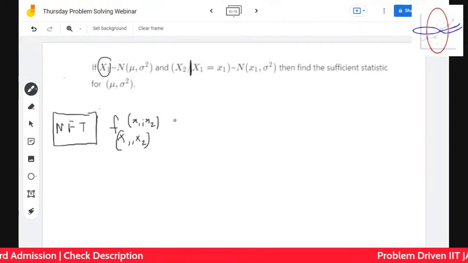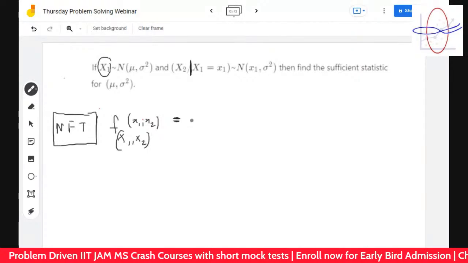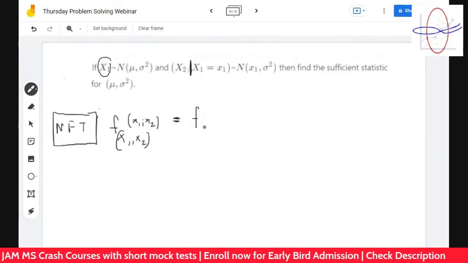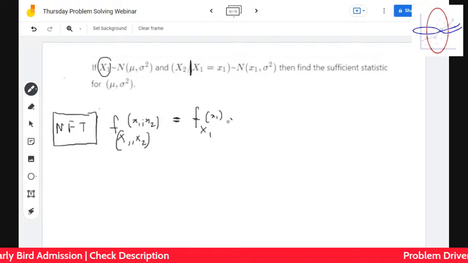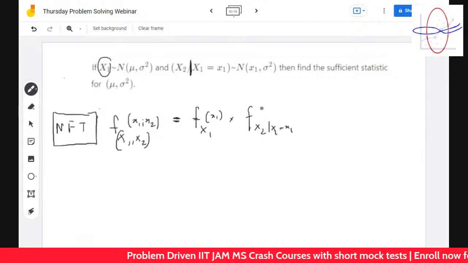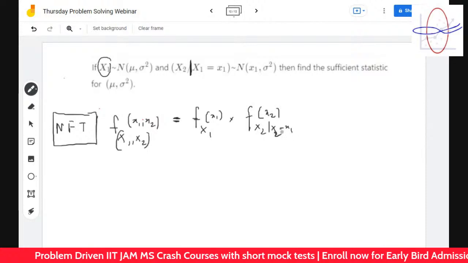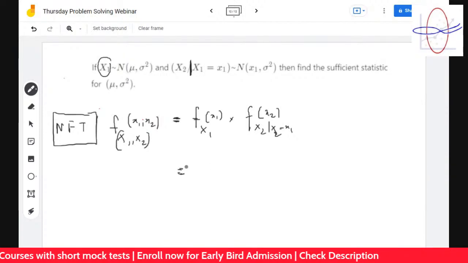Okay, let's try to find the joint distribution. So it's f of X1 of x1 times f of X2 given X1 equal to x1 of x2, right? So let's write it down entirely.